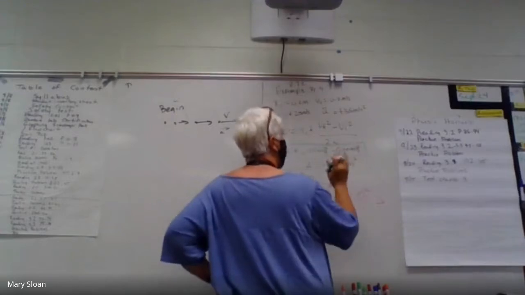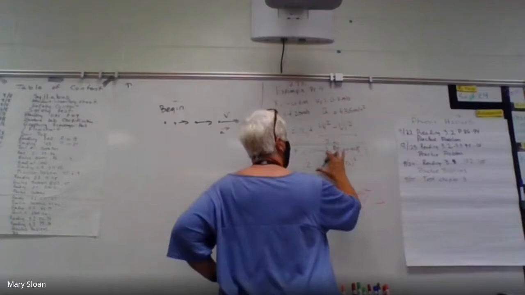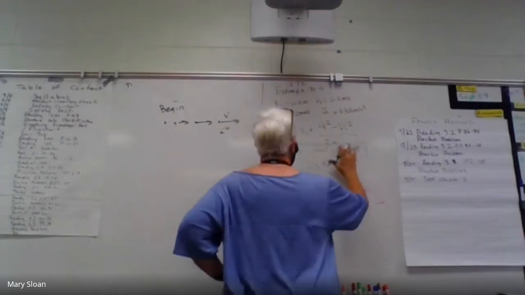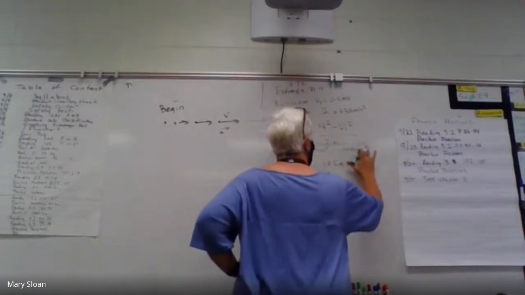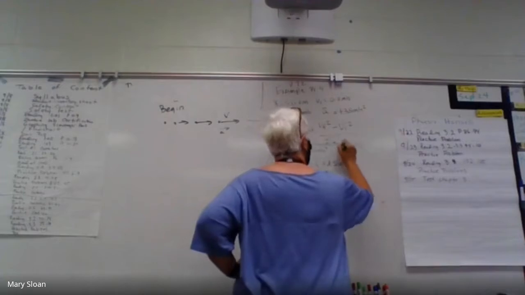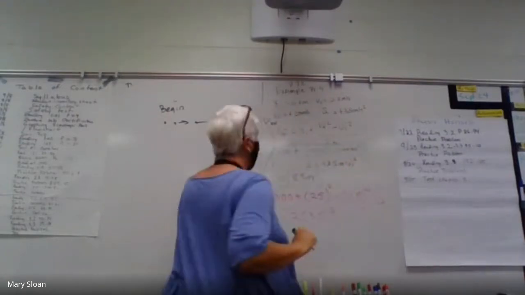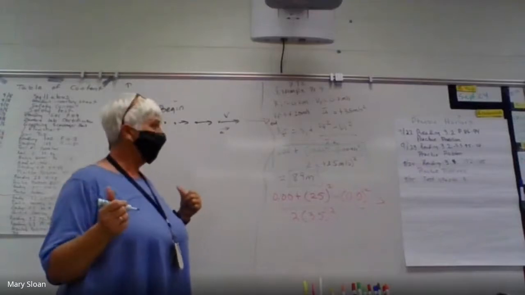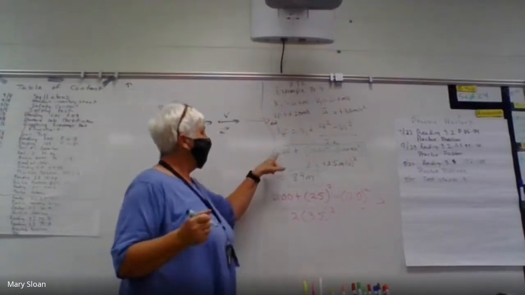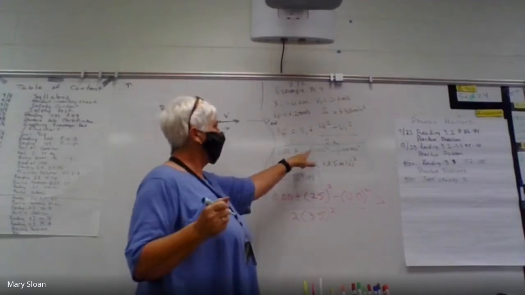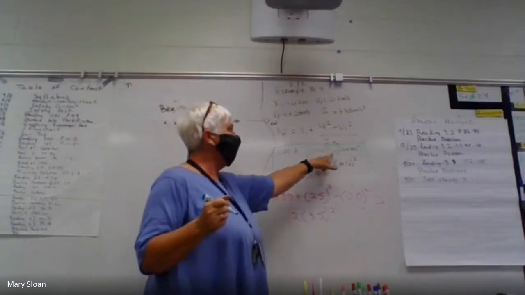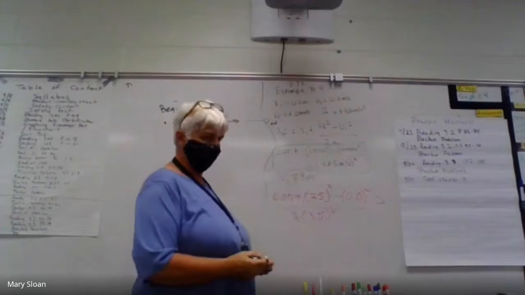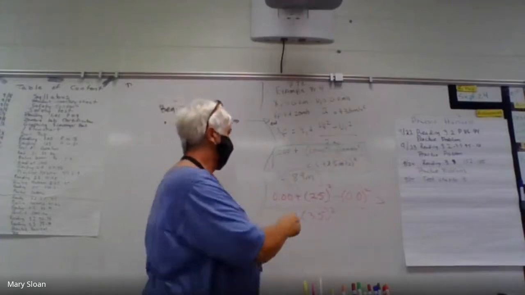Okay, let's try something else. You ready? Since that wasn't the right answer, let's do this. We're learning today. Do your alpha y enter to get your fraction. 0 plus 25 minus 0.